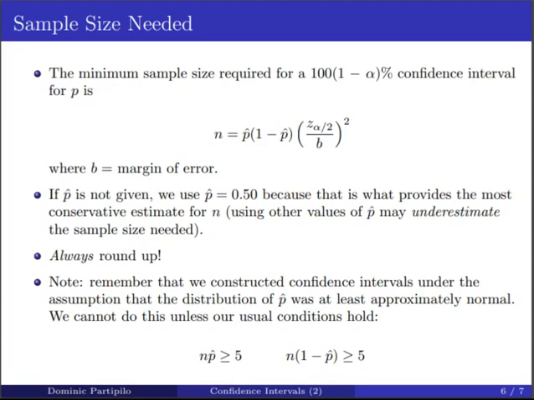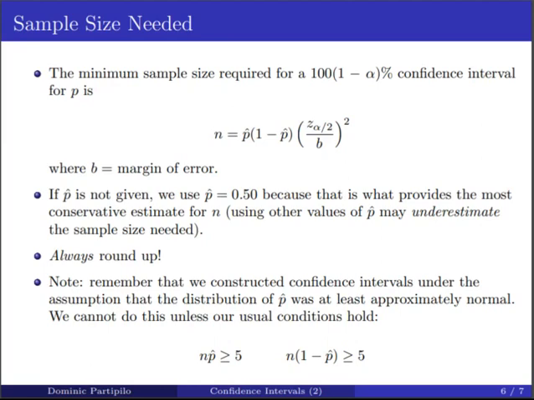And just like before, b is going to be our margin of error. Now, one thing to note here is that if p hat is not given in the problem, then we have to use p hat equal to 0.5 because that's what provides the most conservative estimate for the sample size needed. Because using other values of p hat may underestimate the sample size needed.